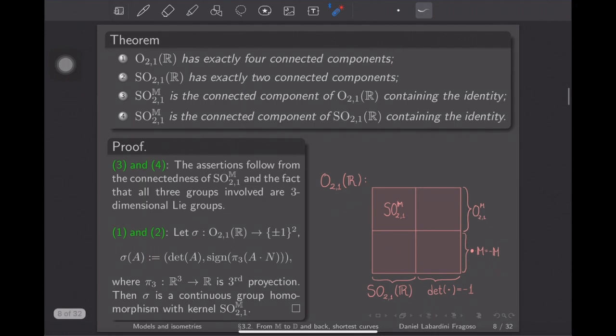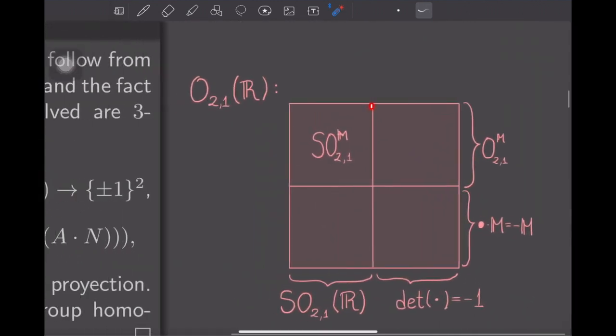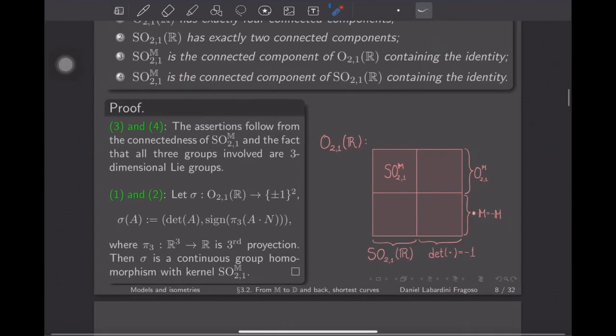So the theorem is that the picture that we drew is really very accurate for being a picture. This one has 4 connected components, and the 4 connected components are the ones that you are seeing here. The inaccuracy would be that I should have written this separate.